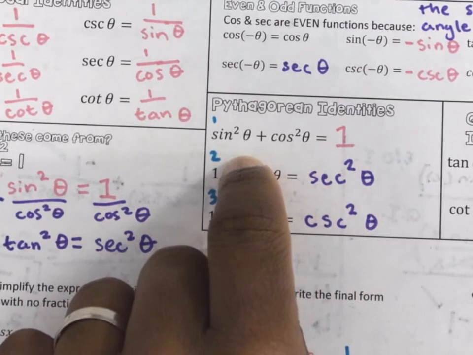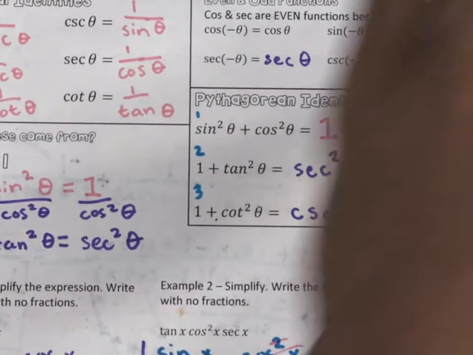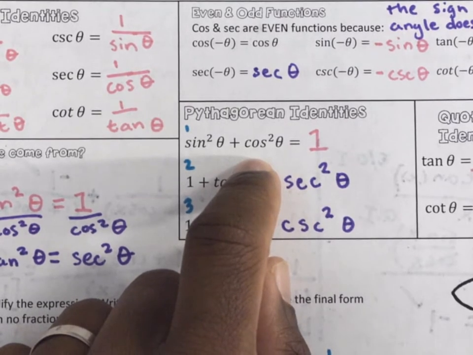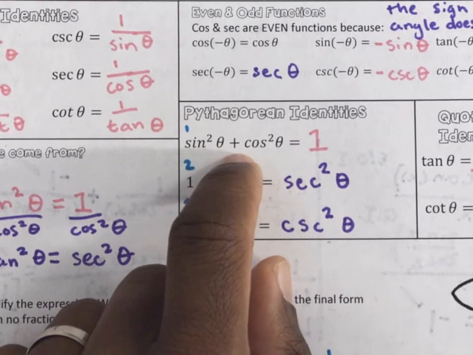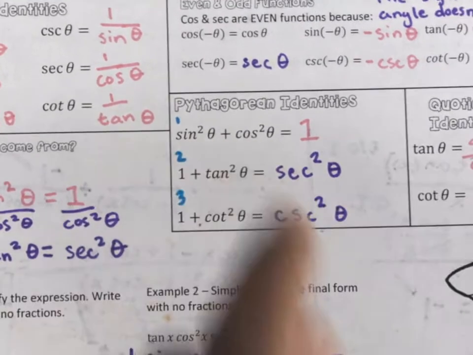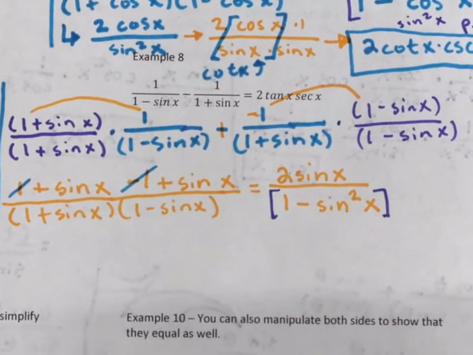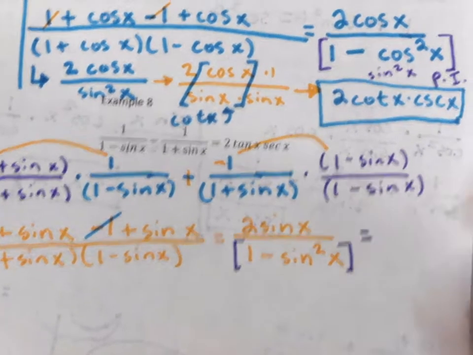Would I subtract sine squared? Yes, I would. And that comes out to equal what? If I move sine squared over, what's left? Cosine squared. So 1 minus sine squared will equal cosine squared. So I can write that.